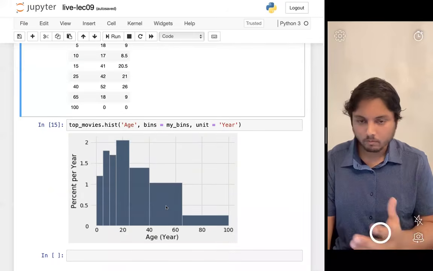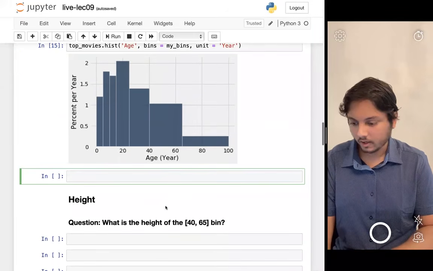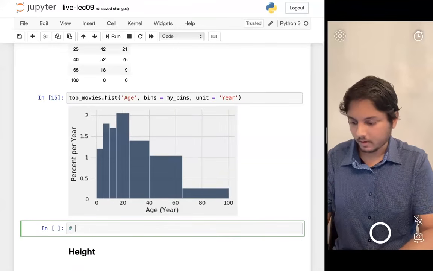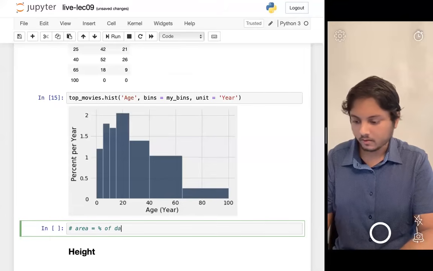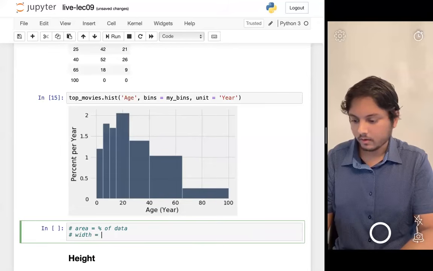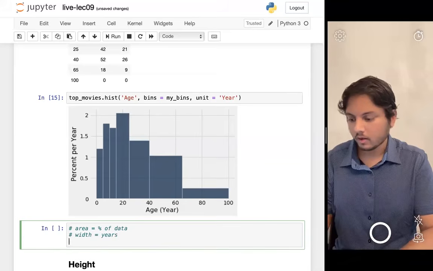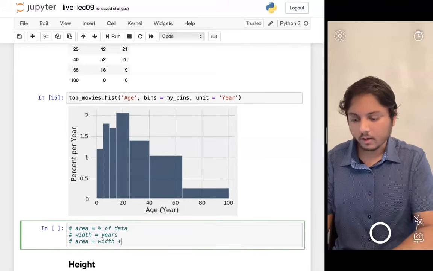That may not have made sense, so let me write it out as some comments here. We know that area equals percent of data. We know that width equals years, the width of our range. And therefore, area equals width times height.